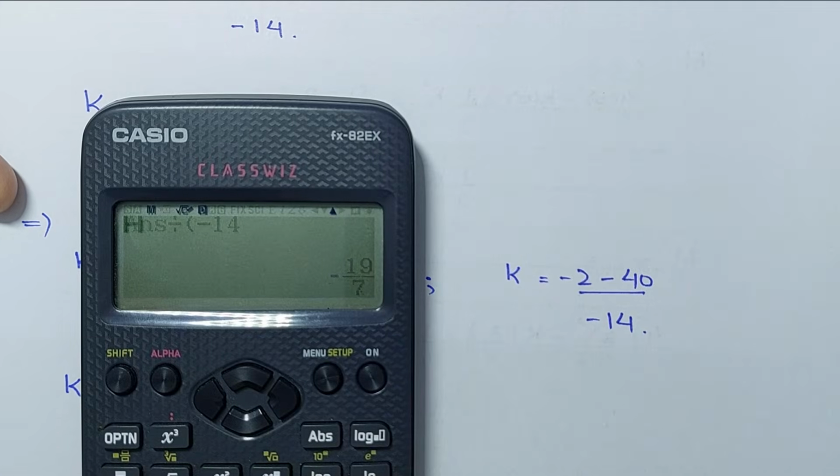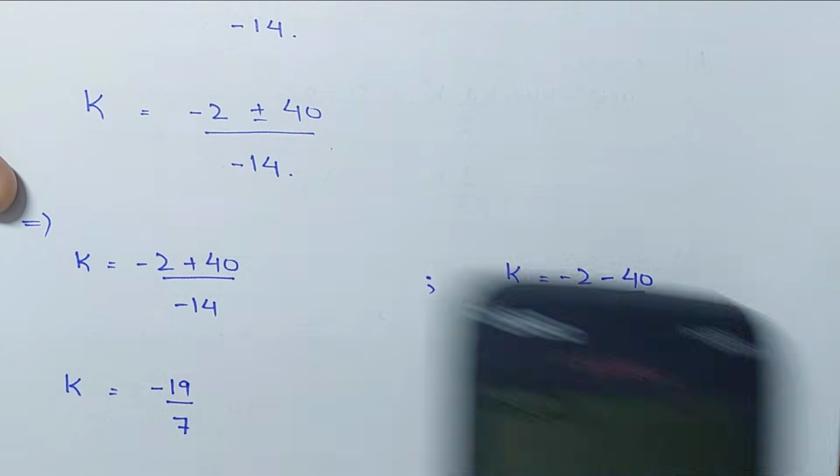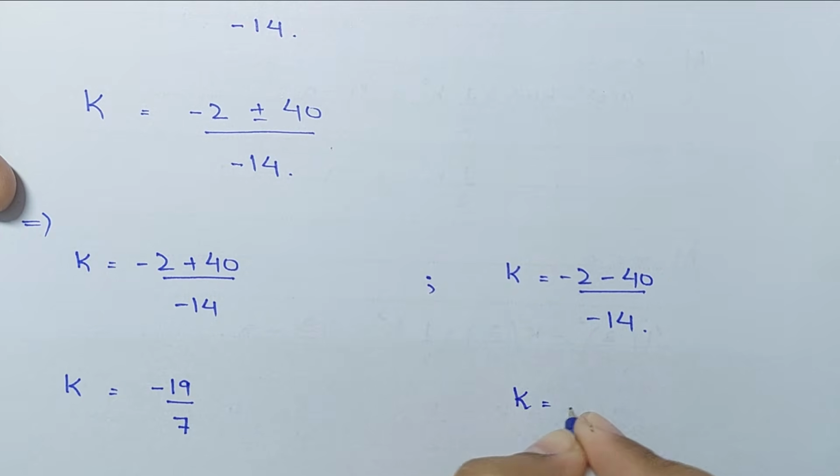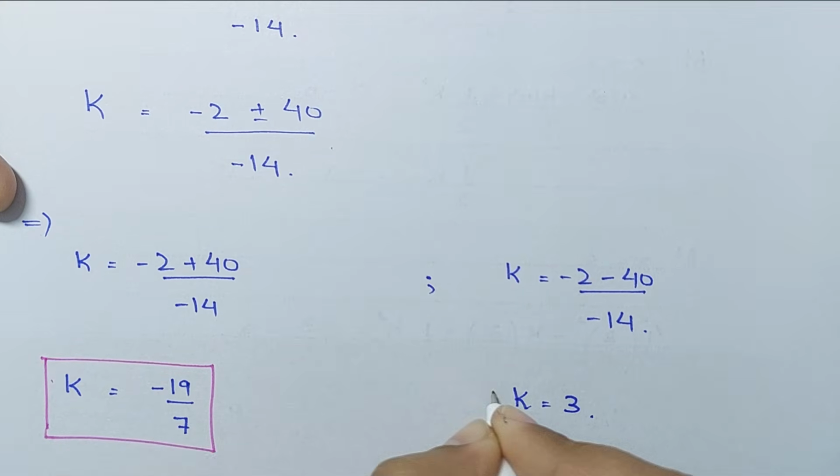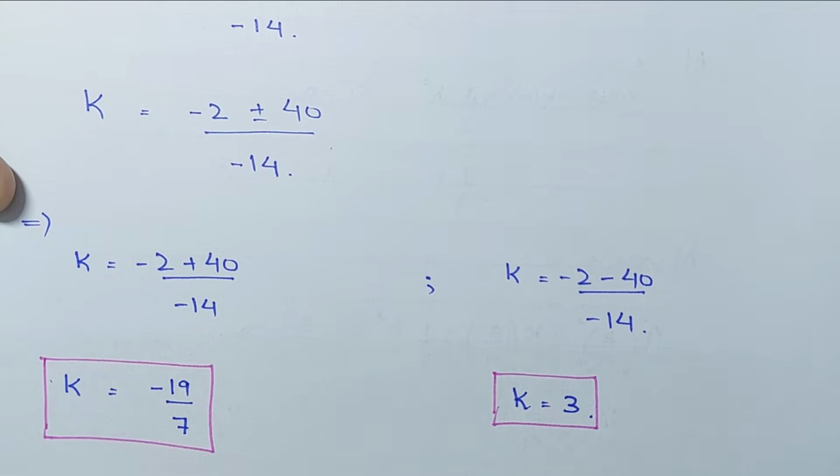And the second one, minus 2 minus 40 divided by negative 14, is 3. The k value is 3. So these are the two values of k: negative 19 over 7 and 3.